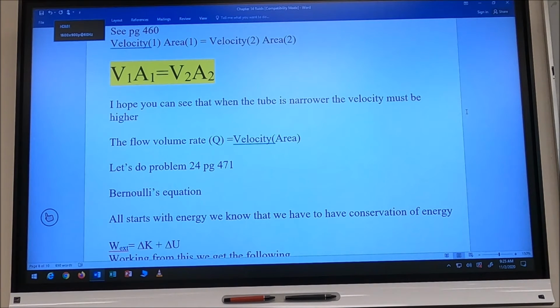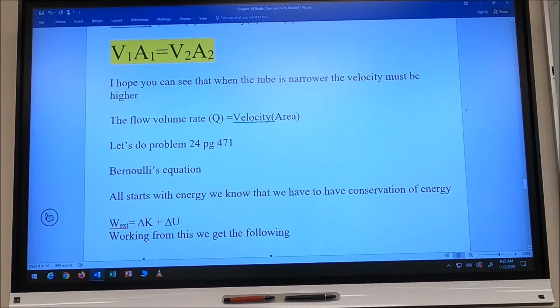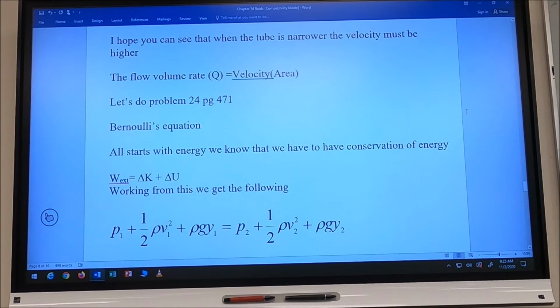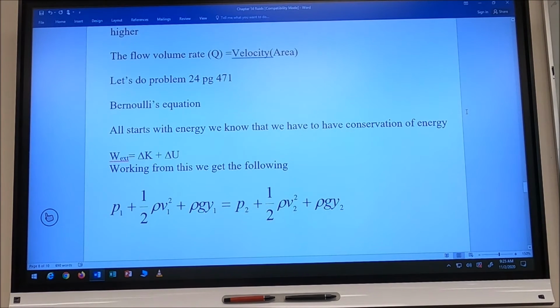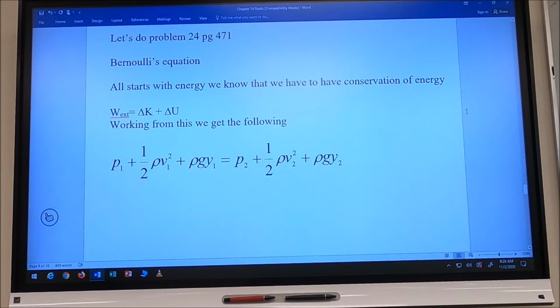Okay. Now, let's talk about Bernoulli's equation. Okay? Bernoulli is what we can base flight on. And it all is based on the fact that external work equals change in kinetic energy plus change in potential energy.